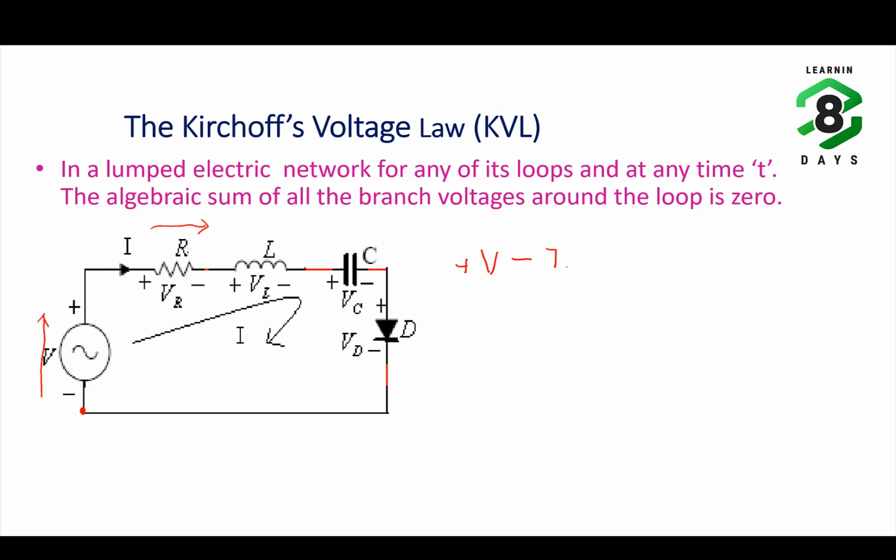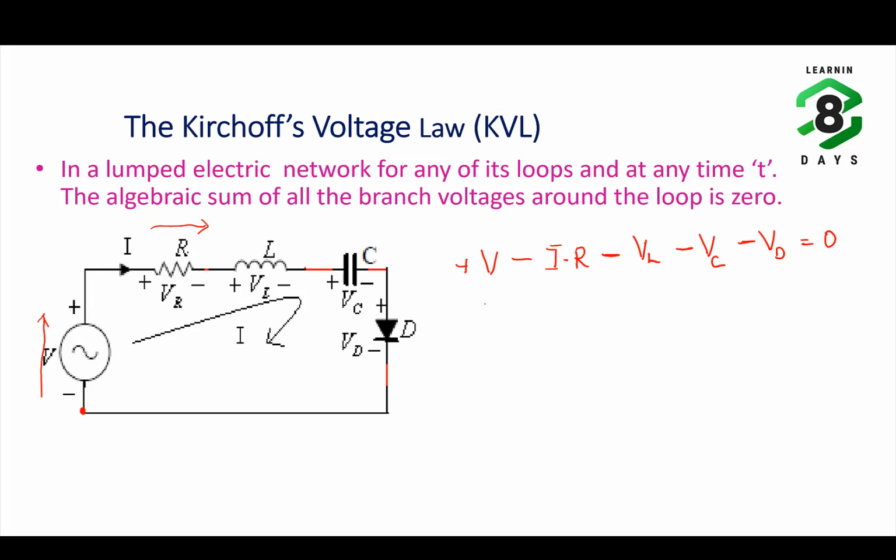I into R, and here minus voltage across the inductor VL, here minus VC, and through the diode again we are traversing from positive to negative polarity, so again a potential drop, minus VD, is equal to 0.